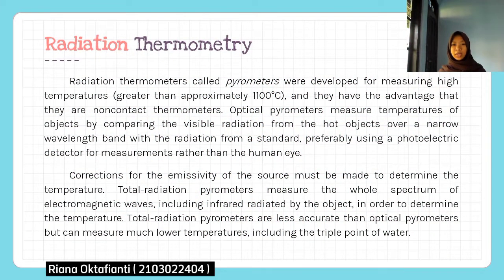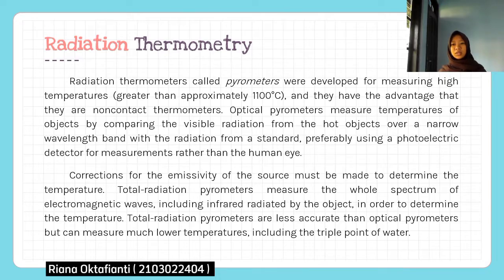Radiation thermometers, called pyrometers, were developed for measuring high temperatures greater than approximately 1100 degrees Celsius. And they have an advantage that they are non-contact thermometers.